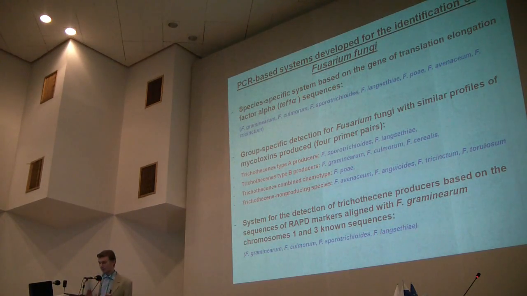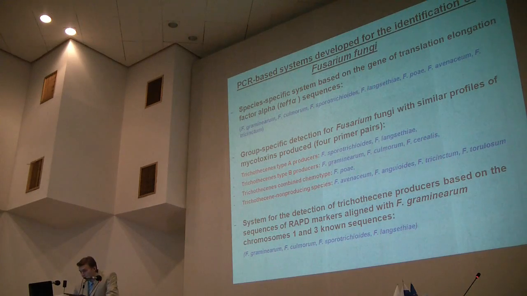Combined chemotype Fusarium poae can produce both A and B trichothecene toxins, and trichothecene non-producing species, such as Fusarium venenatum, Fusarium oxysporum, Fusarium proliferatum, and Fusarium verticillioides.